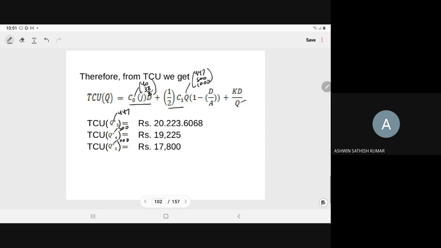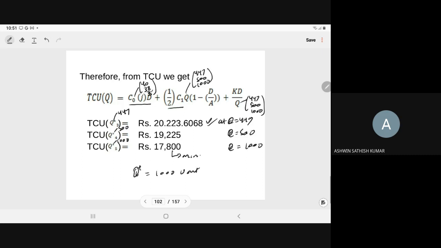So here you have TCU at 447, TCU at 500, TCU at 1000. Where do we have the minimum? This is your minimum. It means Q star will come as 1000 units.